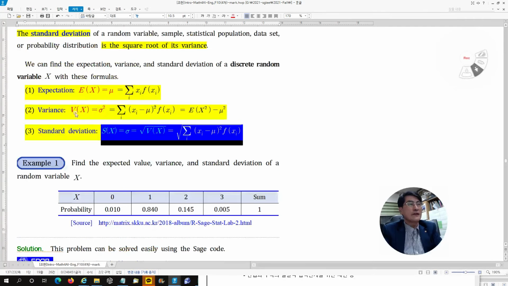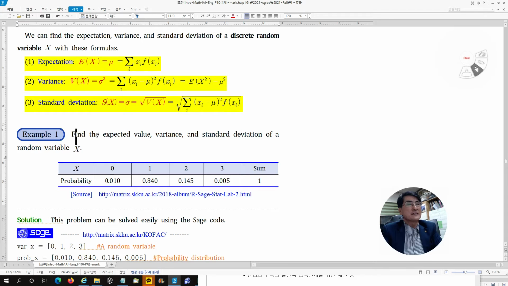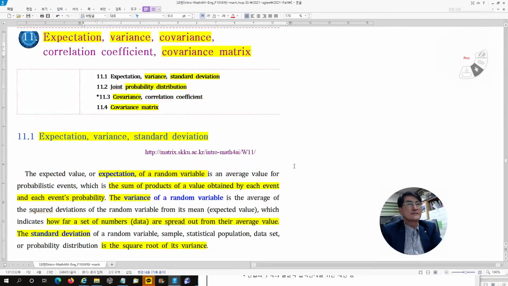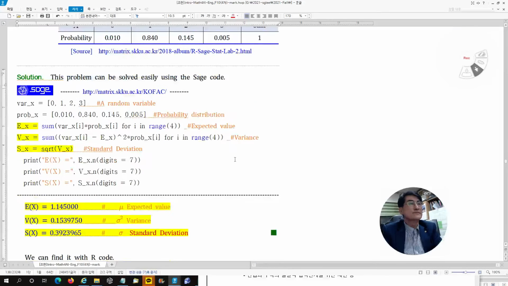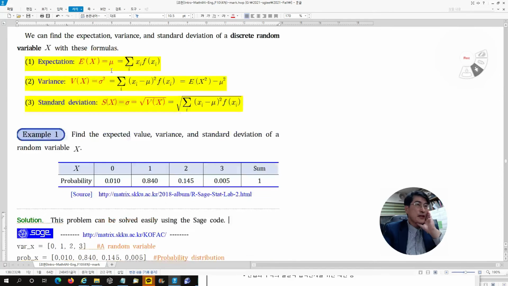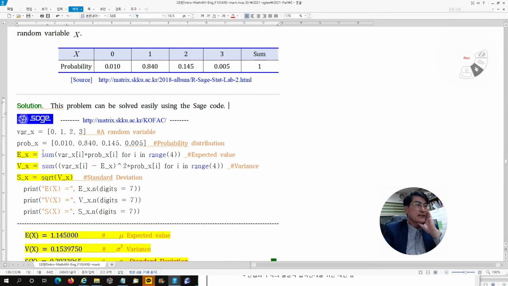Okay, with those definitions, find the expected value, variance, and standard deviation of the random variable x, whose probability is like this. Since we have a formula, we can set it up.